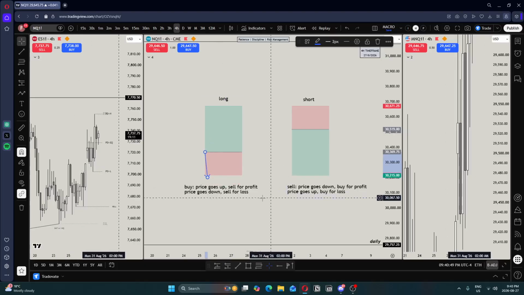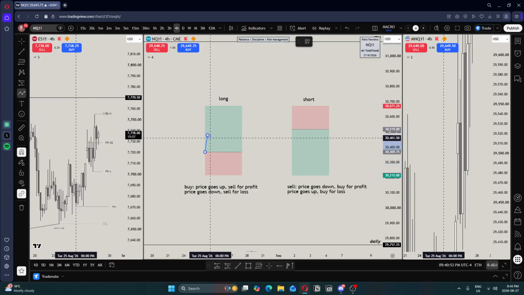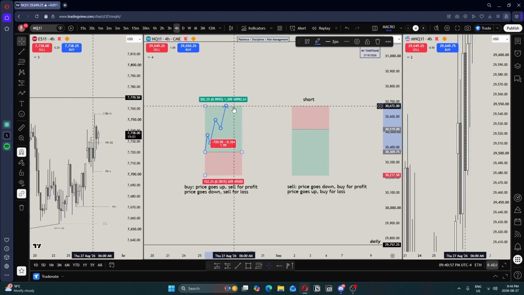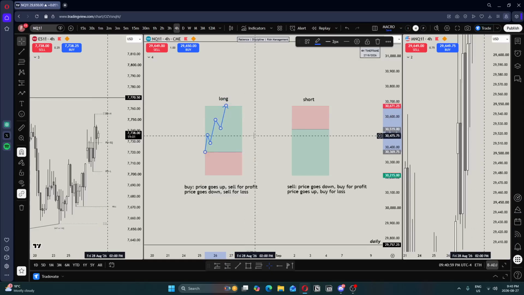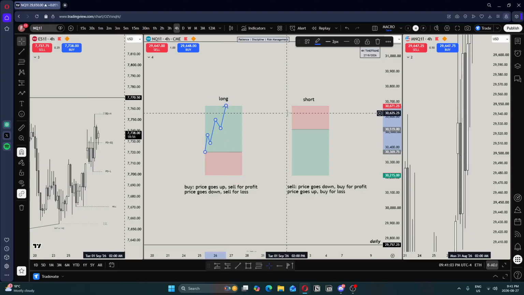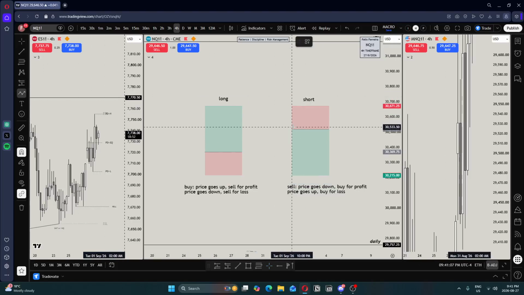That means you lose. Simple. Price goes up, hits the top of the green box. Again, for this example, that means you're taking profit at this point. You make money. Pretty simple.